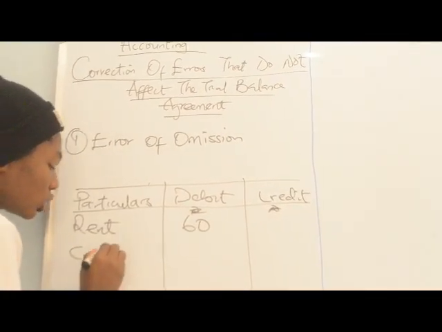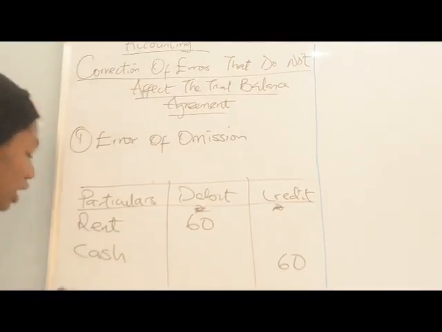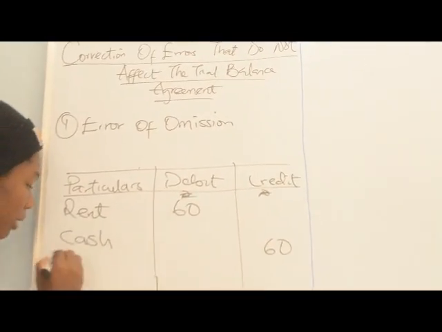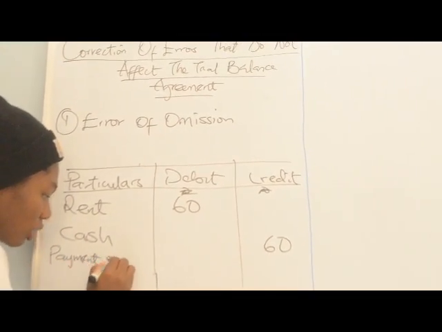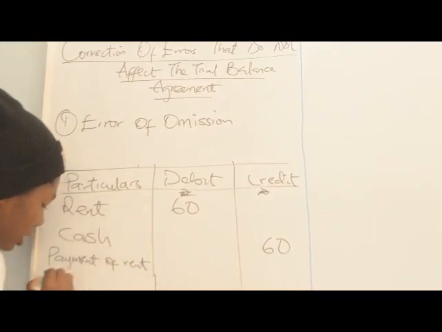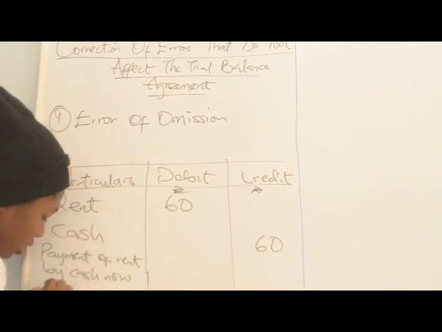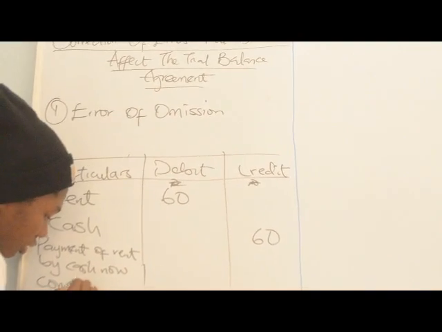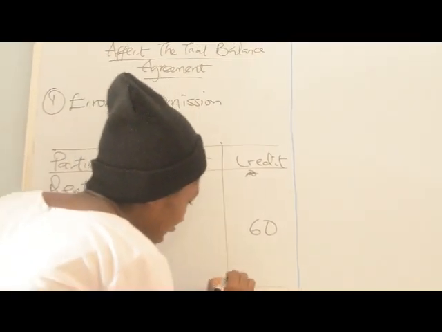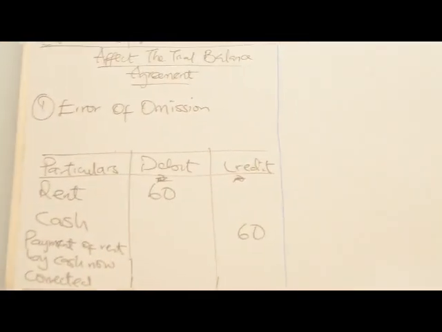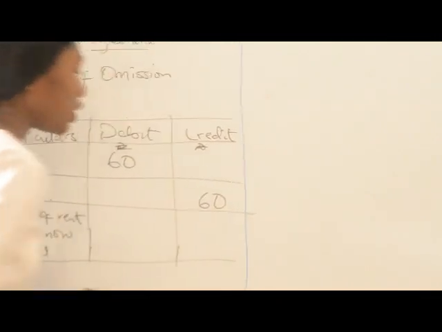And our cash will also be credited because that's an expense paid in cash, 16 naira. Then we'll describe this as what? Payment of rent by cash, all right? So we are through with this, all right? So this is what it will look like in our journal, all right? We are through with this.